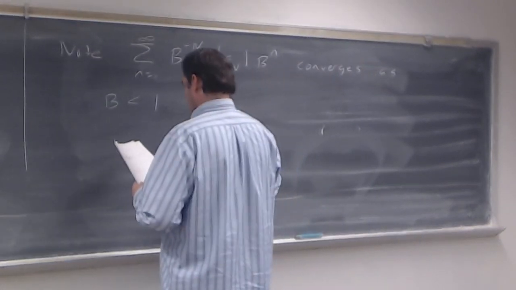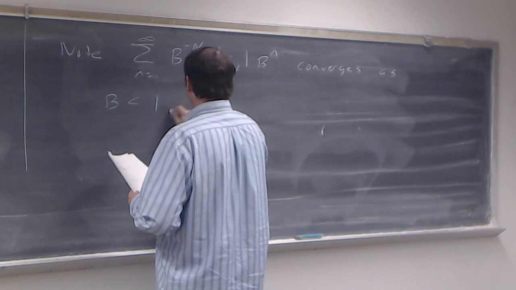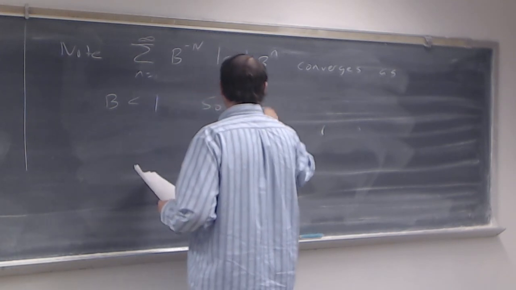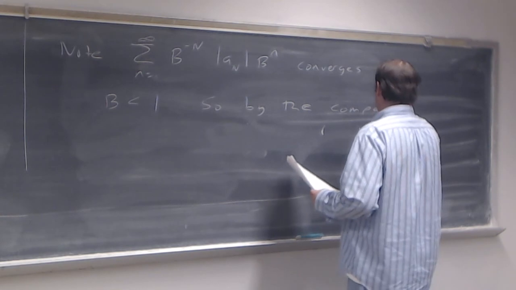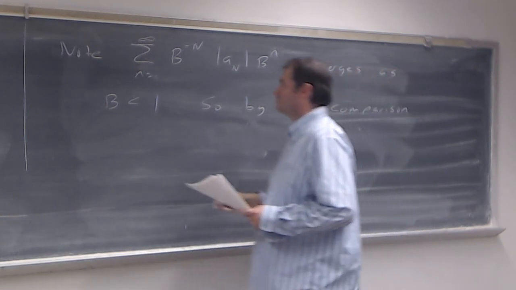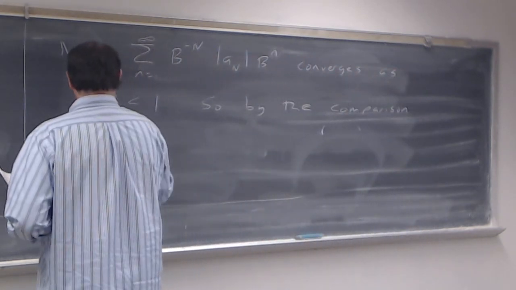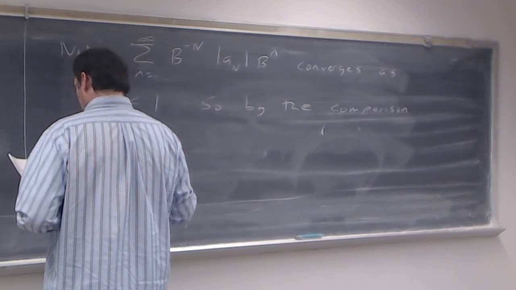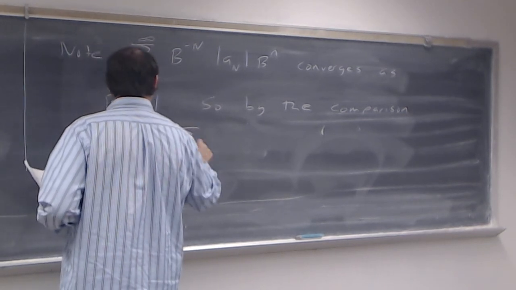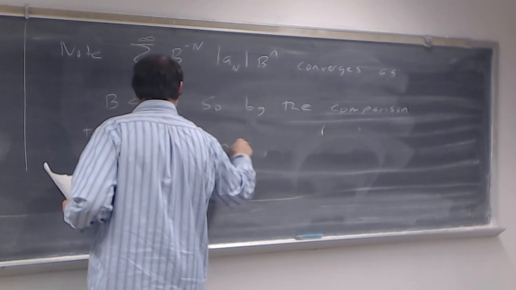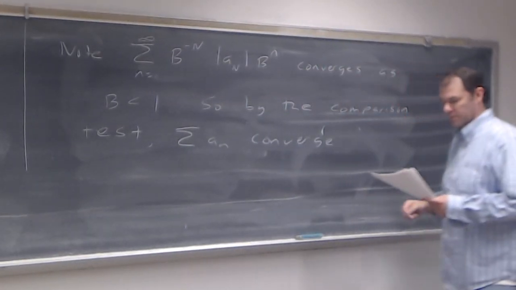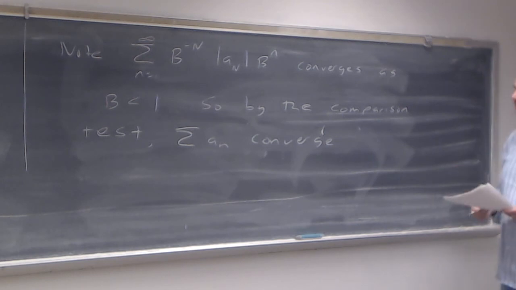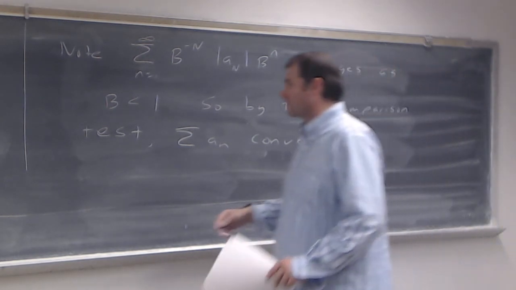And so by the comparison test, that means that the sum of the a sub n's must converge, which is what we want to show in this case. And so that's the proof of part A.